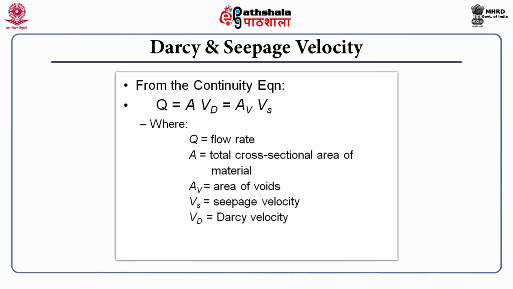Using the continuity equation, we can get the relationship between Darcy's velocity and the actual velocity. When we divide Darcy's velocity, denoted by Vd, by the porosity, the seepage velocity Vs can be obtained. So, the actual velocity or seepage velocity is always much faster than the Darcy's velocity we get from Darcy's equation.